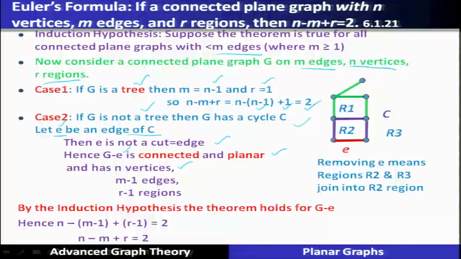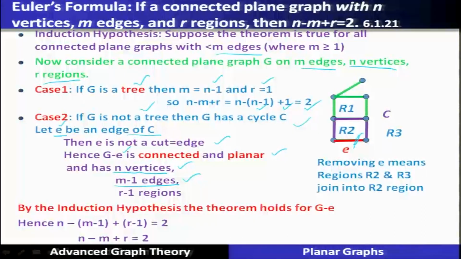Why? Because after an edge is removed, the number of vertices will remain intact at n, and the number of edges will be reduced by 1. How about the faces or the regions? Now, we know that if we remove an edge from a cycle, the number of regions will also be reduced by 1. Take this particular example graph.